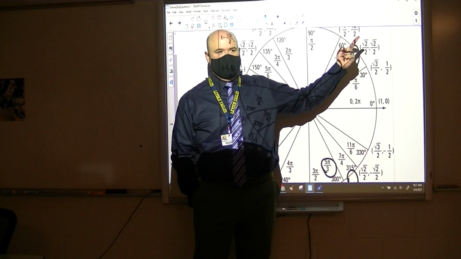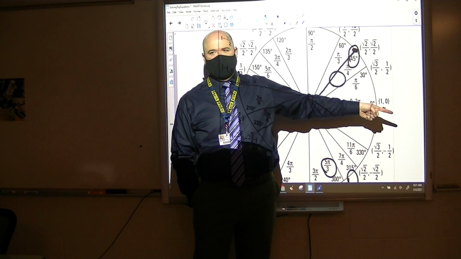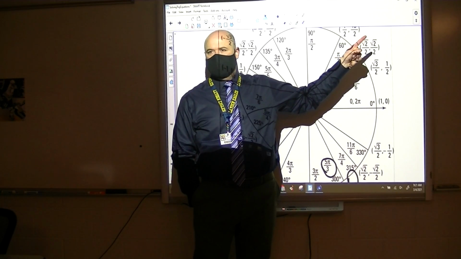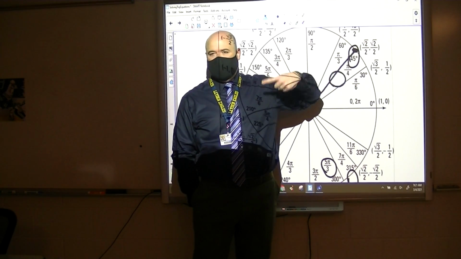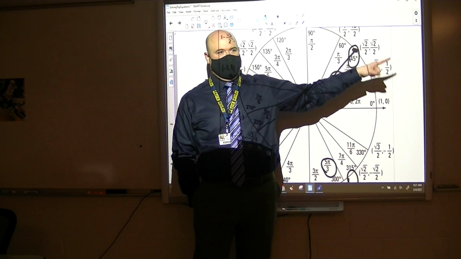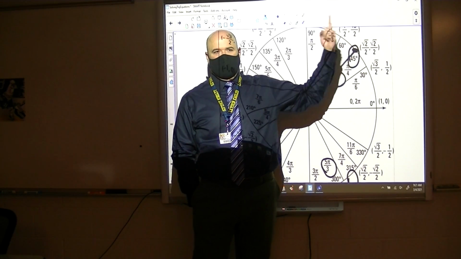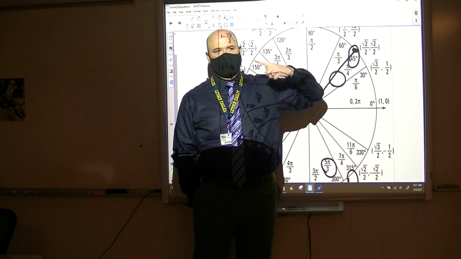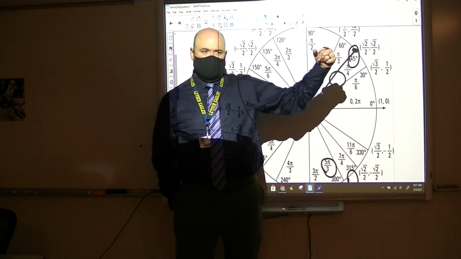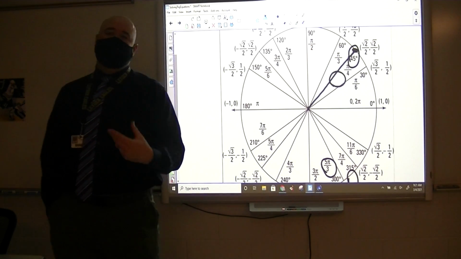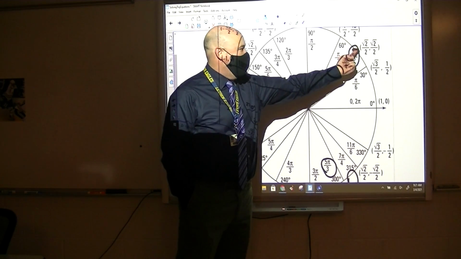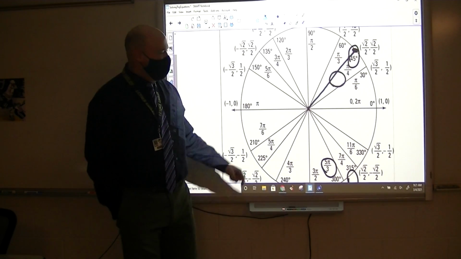We can also get to this spot by going like this. So that would be a 2 pi revolution, because 2 pi is all the way around, and then stopping there. Or we could go 2 pi, 4 pi, and then stopping there.